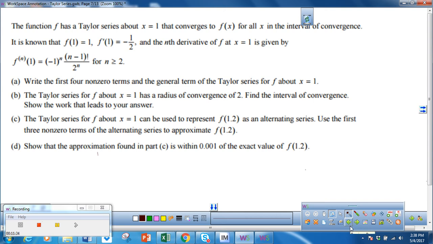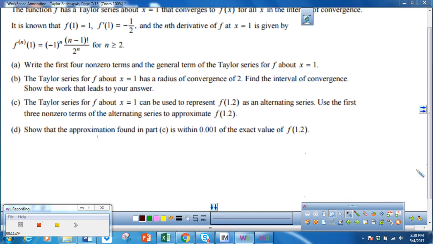The last one is show that the approximation found in Part C is within 0.001. So since in Part C we used the second derivative, we use the third term, our next error has to be less than the 4th term.